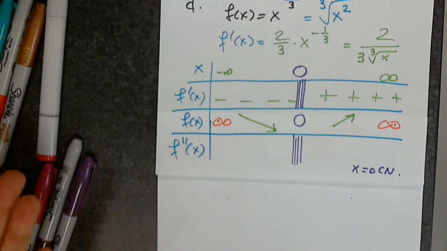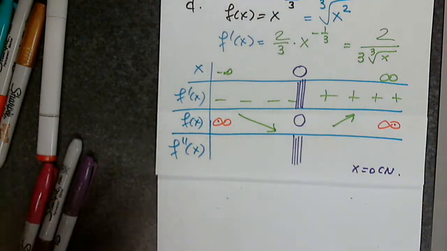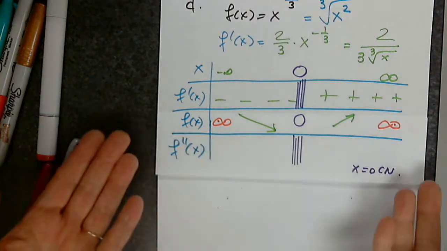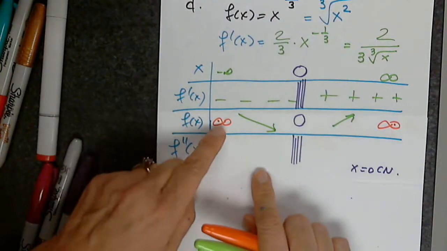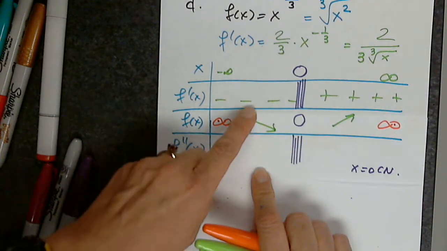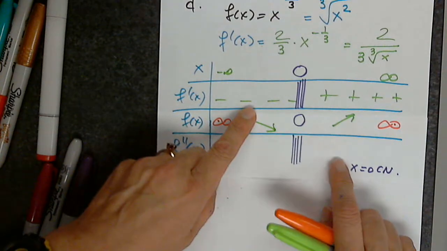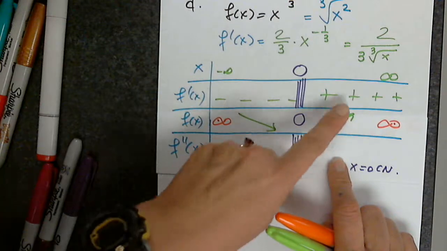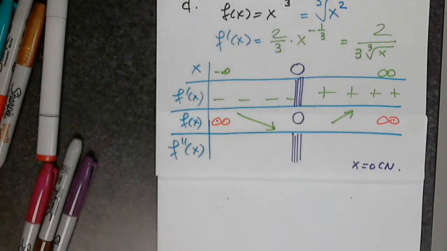I'm done. That's all I need to see. Now, if you want to write it by hand, write it by hand. But this is very good enough for me. You showed that from infinity to 0 it's decreasing, and that's supported by the sign of the first derivative. You showed that from 0 to infinity it's increasing, and this is supported by the first derivative, and I'm done.